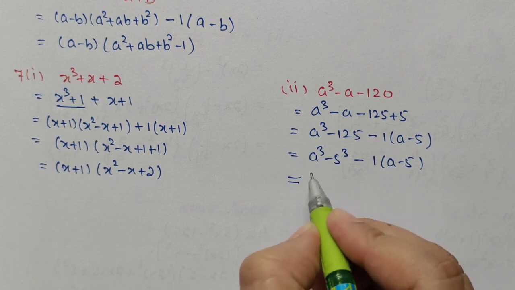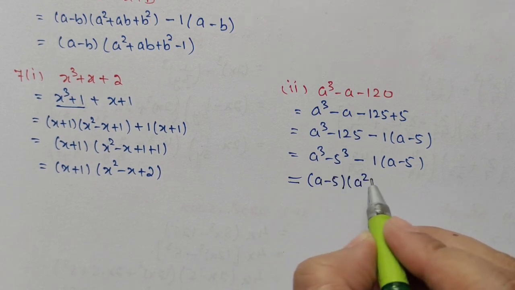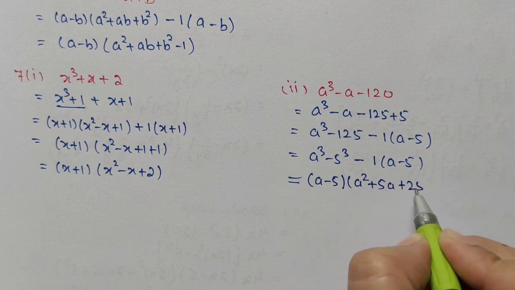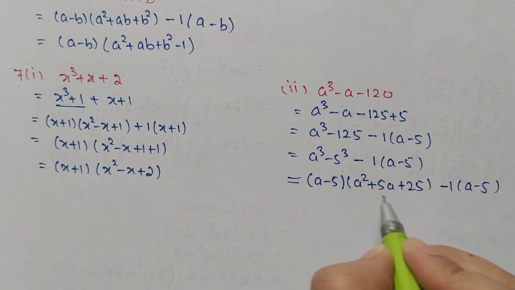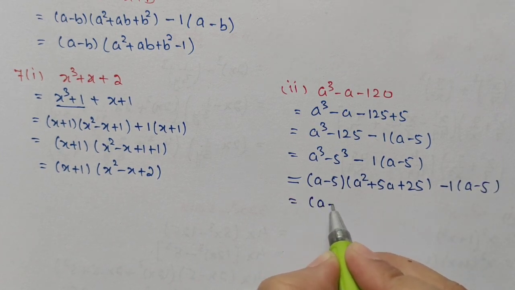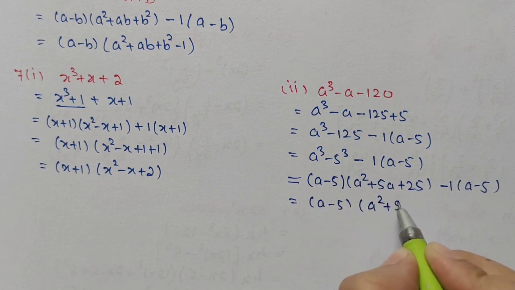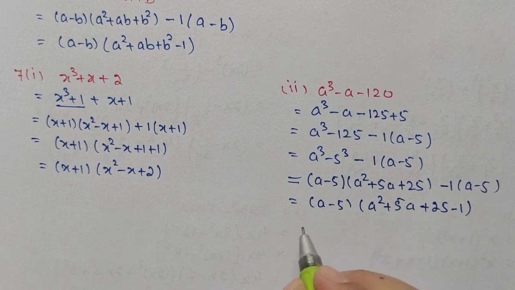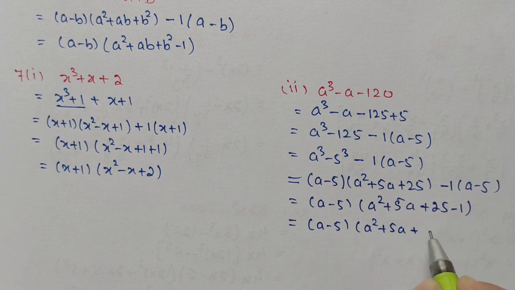It will be (a − b) means (a − 5), a² plus ab, 5a, and then b² means 5², which is 25, minus 1(a − 5). From these two terms, a − 5 we can take out common. Another bracket will be a² + 5a + 25, and from here we have −1. So the final answer will be (a − 5)(a² + 5a + 24), since 25 − 1 is 24.